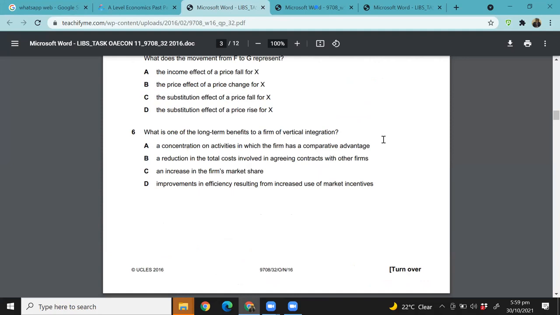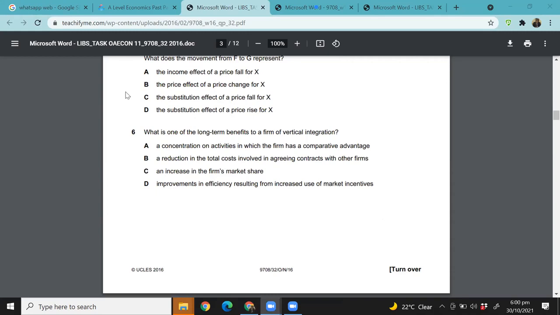Concentration on activities in which the firm has a comparative advantage, a reduction in the total cost involved in agreeing contracts with other firms, an increase in the firm's market share, improvement in efficiency resulting from increased use of market incentives. So what do you think? What is one of the long-term benefits to a firm of vertical integration?